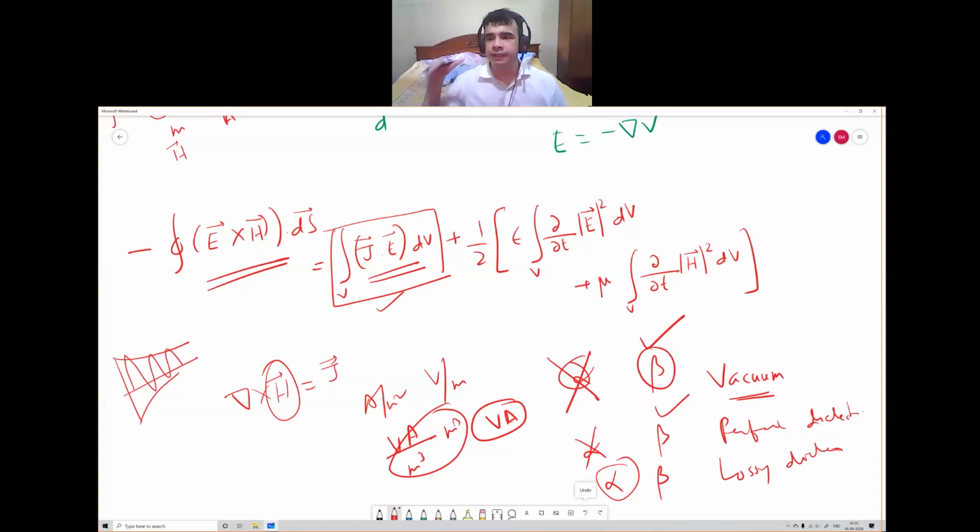If some power is entering, a part of that power is getting lost due to heat generation, the I square R loss, what we had seen in circuit theory. If some power is entering the surface, part of it might get lost as I square R loss, generated and lost as heat. Is it possible?